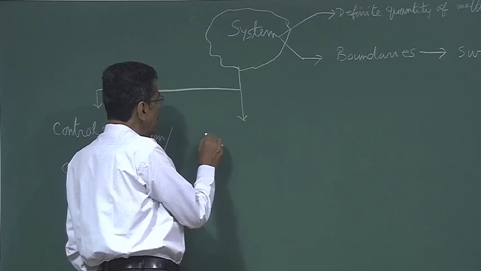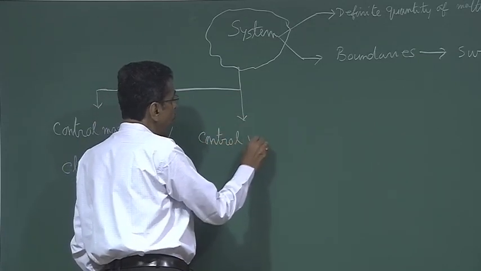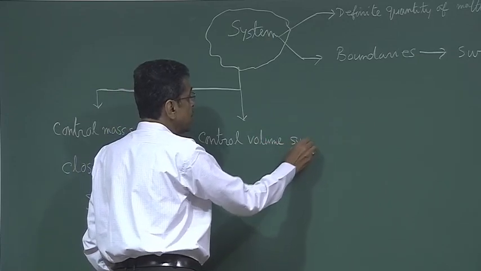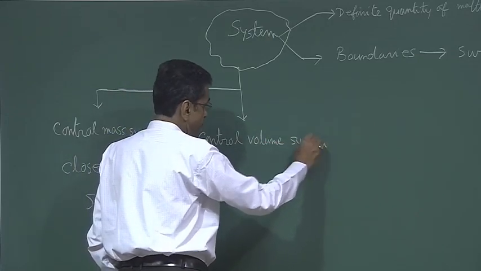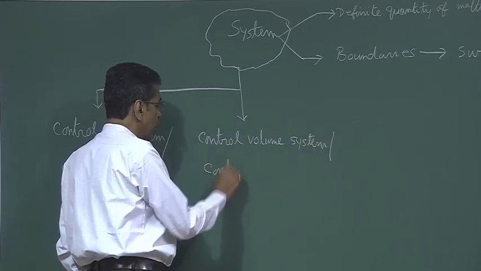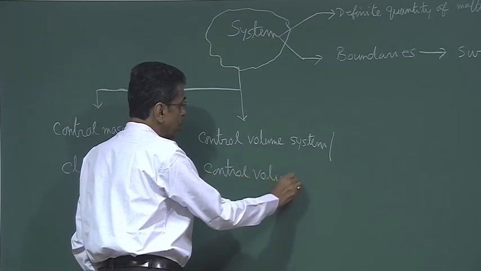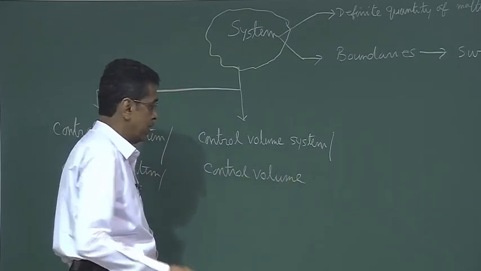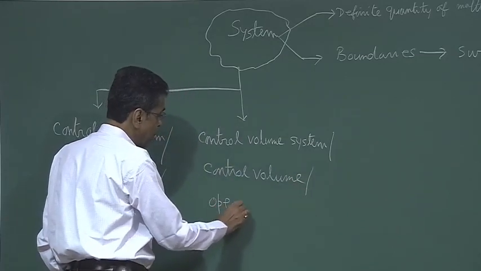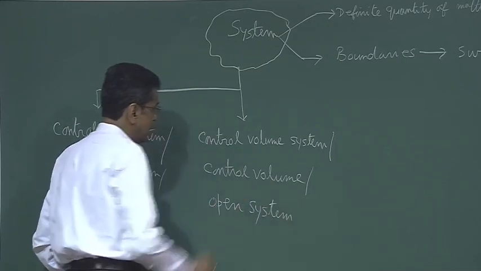Another one is the control volume system, or sometimes we call it simply control volume. The word system we do not use. So, all these terminologies are known and used at different places, or open systems. These are all synonymous terms of a class of system, open system.